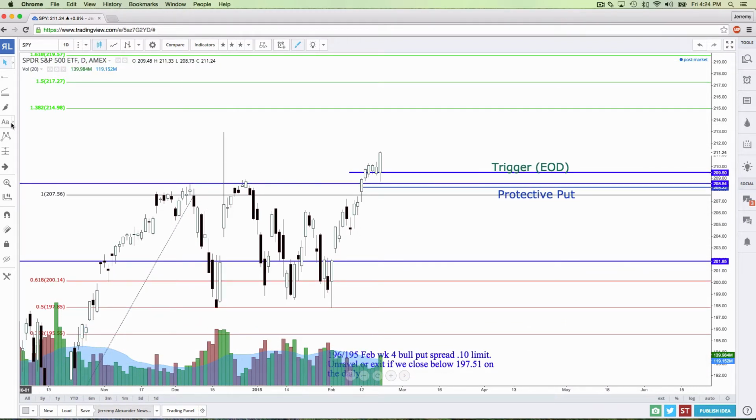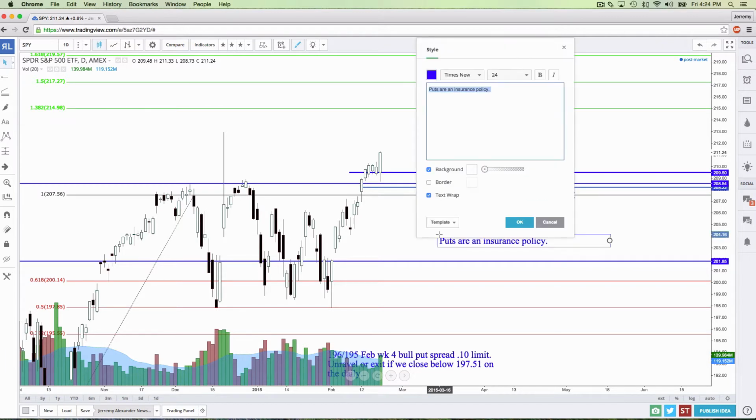When you buy a protective put for insurance, actually I'll just say when you buy an option, because you can also buy a call for insurance, I usually buy at the money or 1 or 2 strikes out of the money, and I buy 4 weeks or less to expiration.